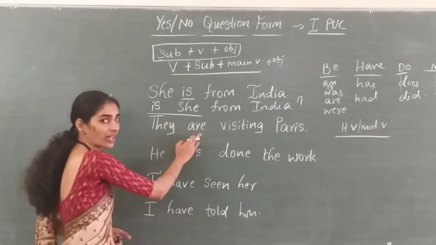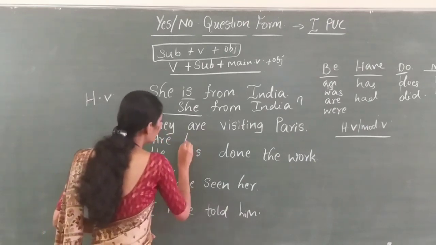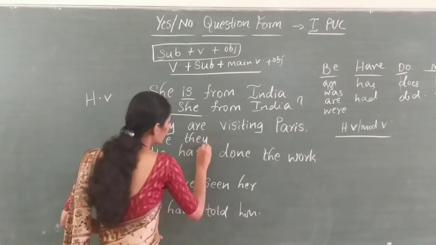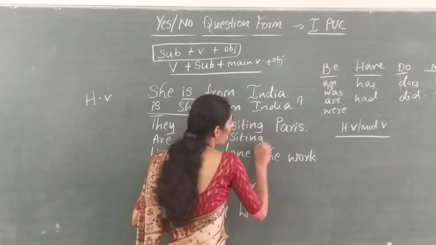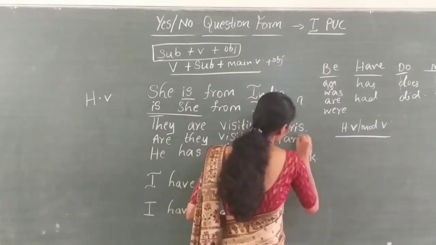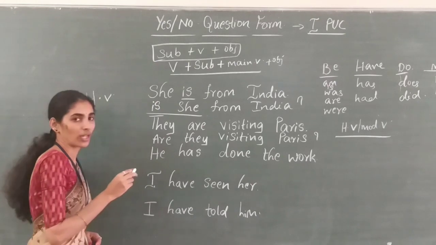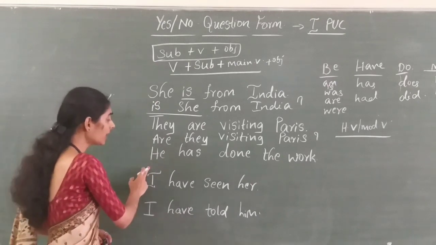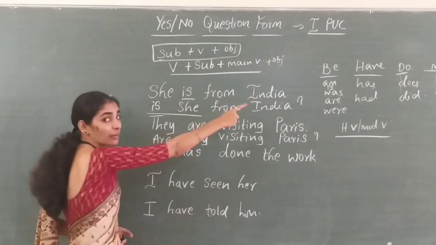Invert, they are, it becomes are they. So now, are they visiting Paris? Question mark. Are they visiting Paris? Question mark. Simple. Now, here, are and is come under be form.